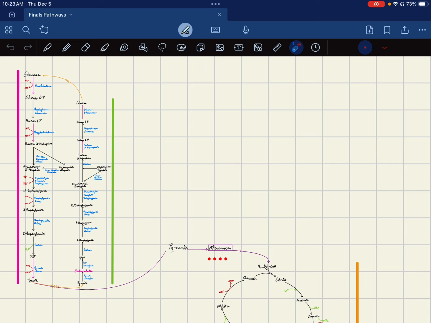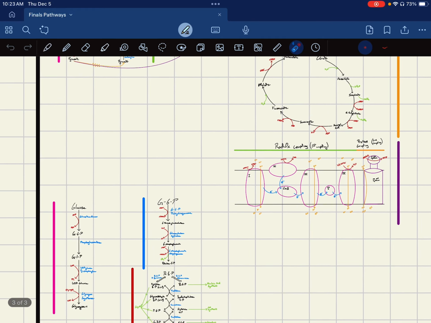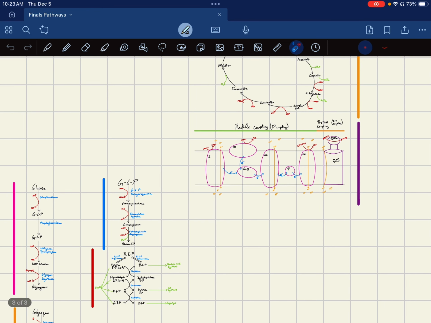This process is also very important in making sure that our blood sugar levels remain stable and don't get too out of whack. And then next, still from earlier in the semester, is the pentose phosphate pathway.